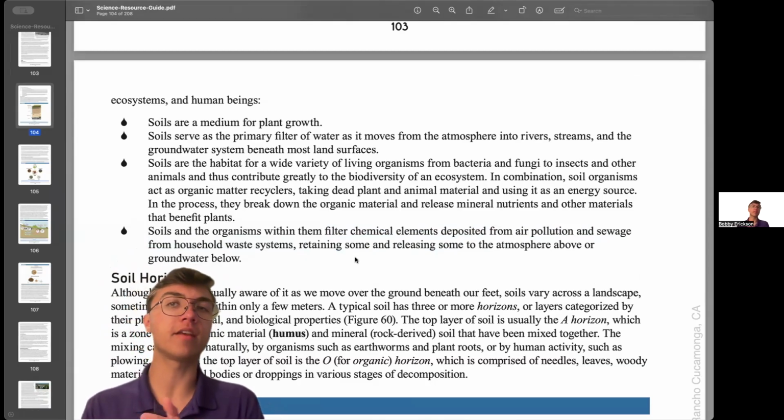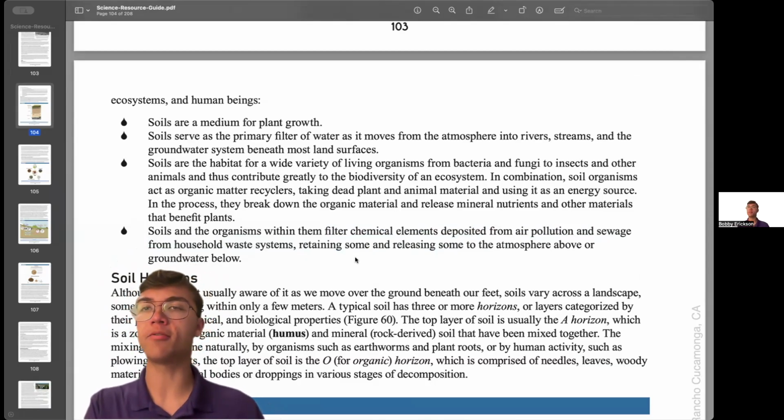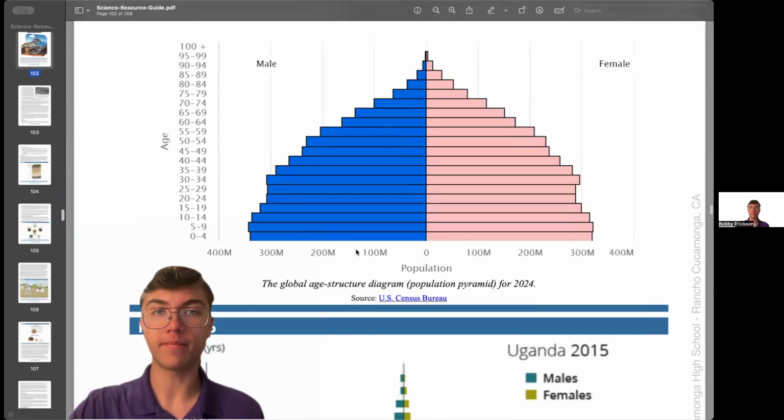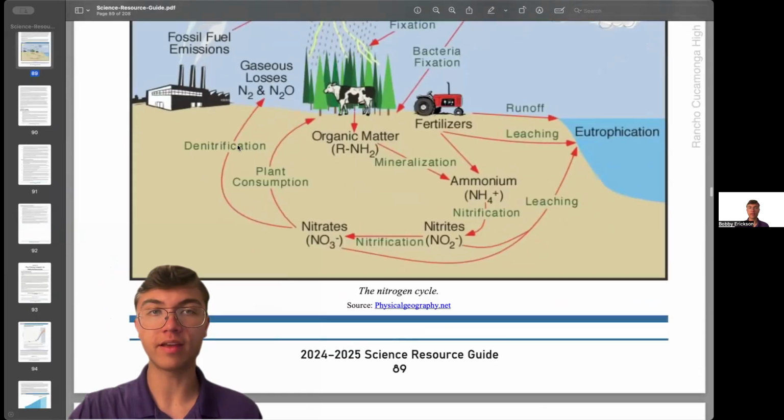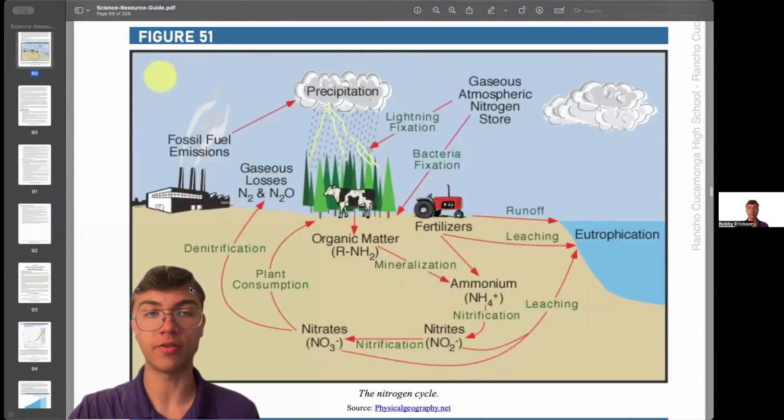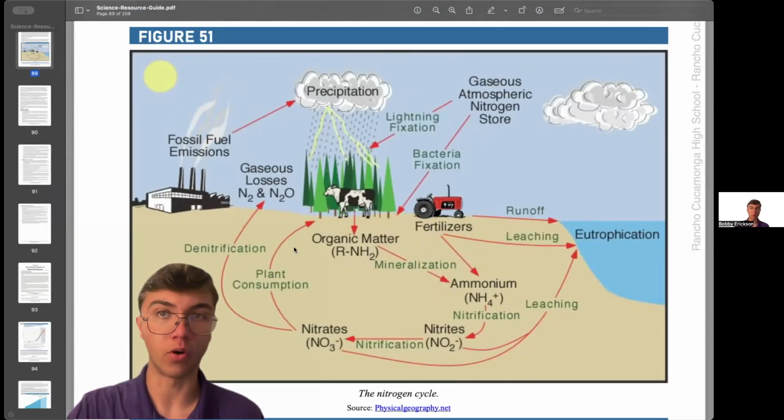Remember in section 2, we talked about nitrogen and how it can go from the soil out into the gaseous form, N2 and N2O. This was called denitrification. And so it turns from nitrates into the gaseous form of nitrogen.